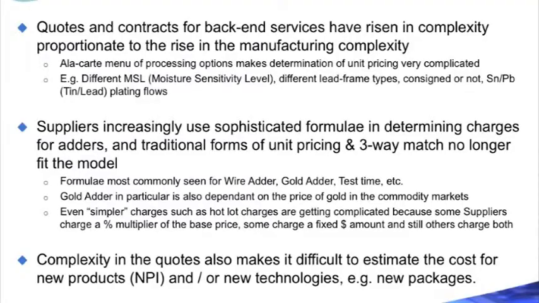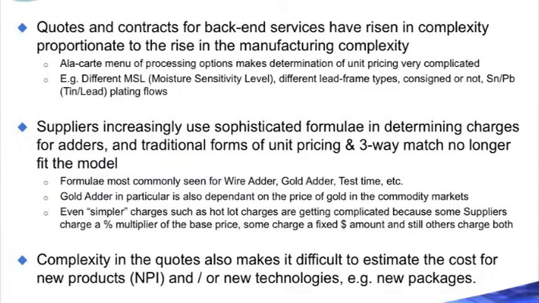So, there are actually several challenges that face semiconductor companies today. Quotes are received in increasingly complex fashions, with all subcons now using gold adders, and products are now being built with combinations of gold and copper to reduce the cost.